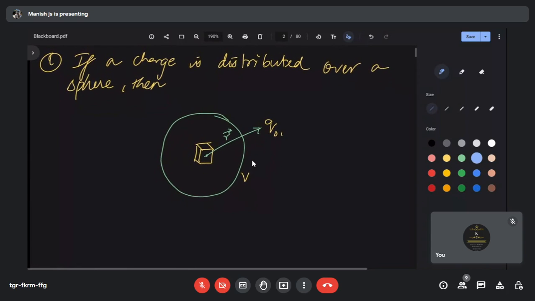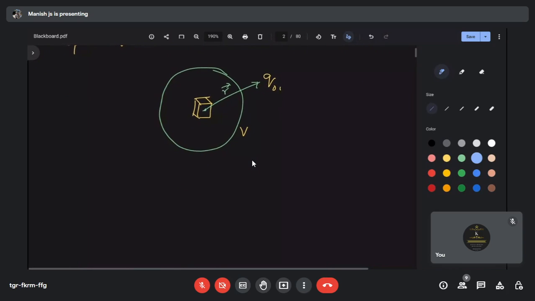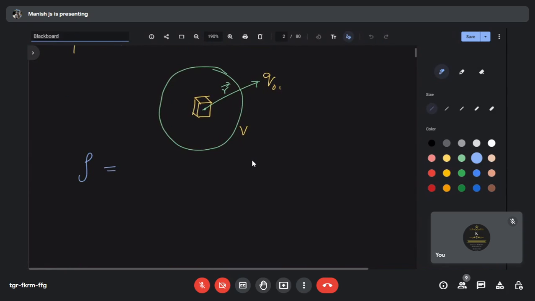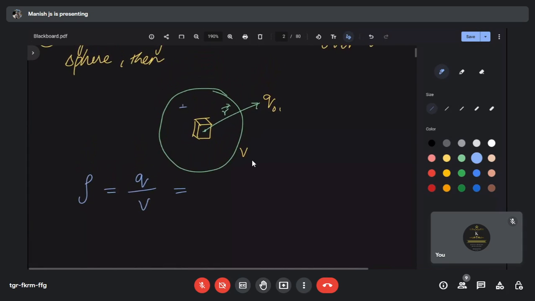So we can represent this in terms of the volume charge distribution. This comes under volume charge distribution, where we apply the formula rho is equal to q upon v. So what is q here? Here q is the charge distributed over the entire sphere. In the sphere you have charges which are uniformly distributed.